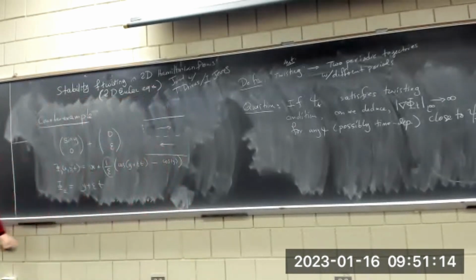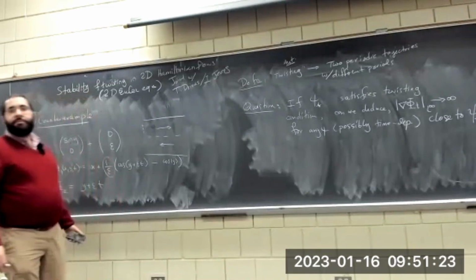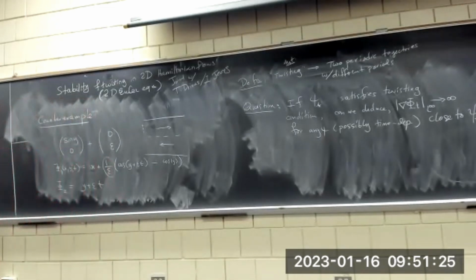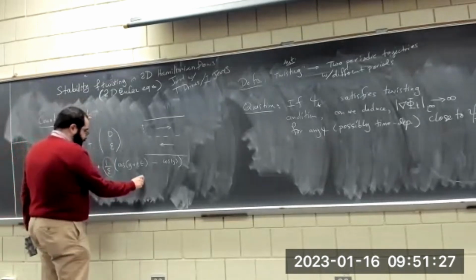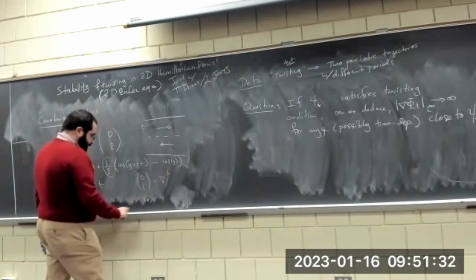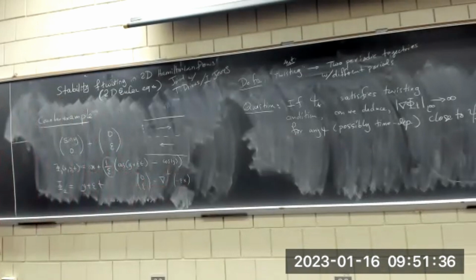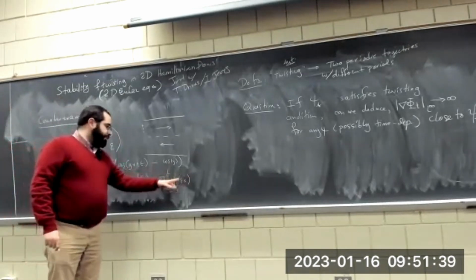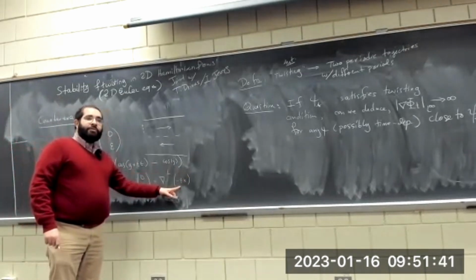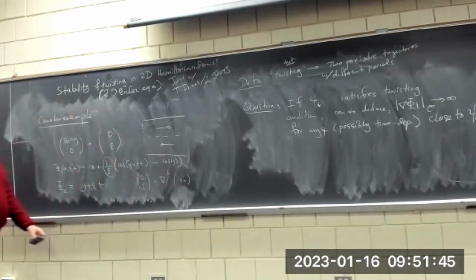It is area preserving, because epsilon is the gradient perpendicular of minus epsilon x. But this is not a smooth function on the torus, that's all I'm saying.